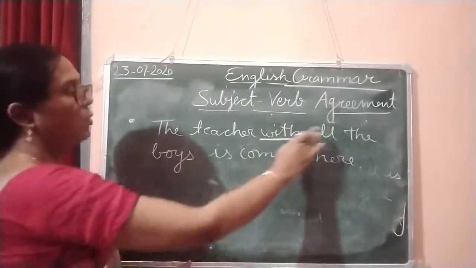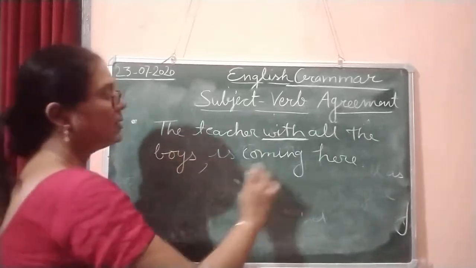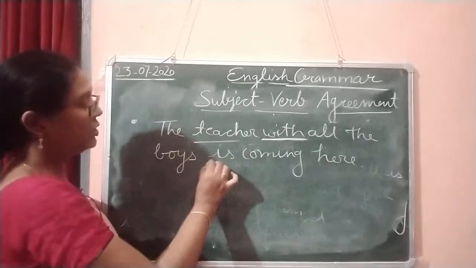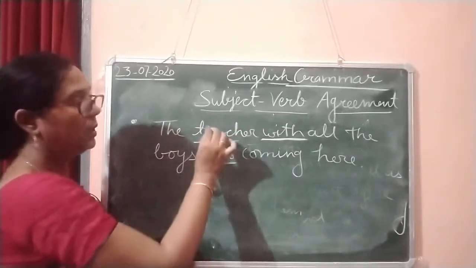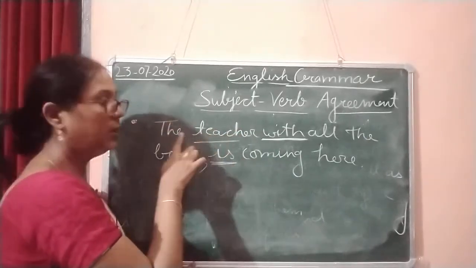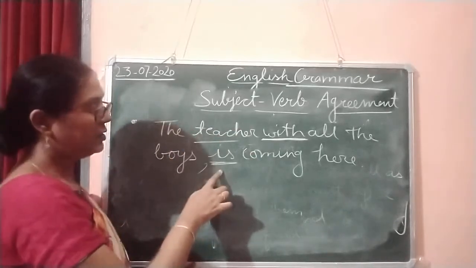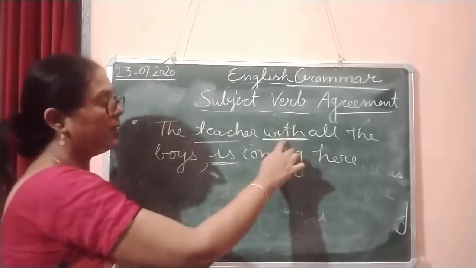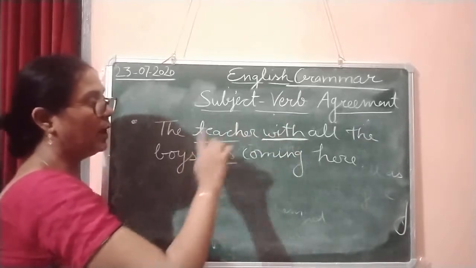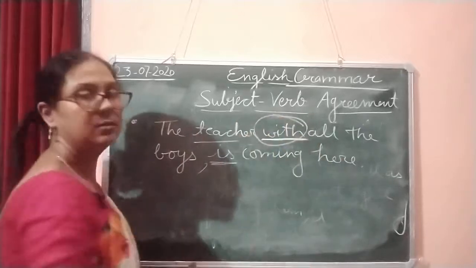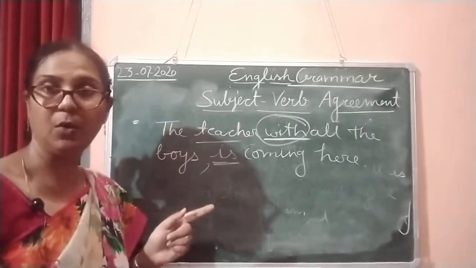Here we have changed the verb according to the subject, the teacher. This is singular, so that is why we have written "is". So this we have to remember always.